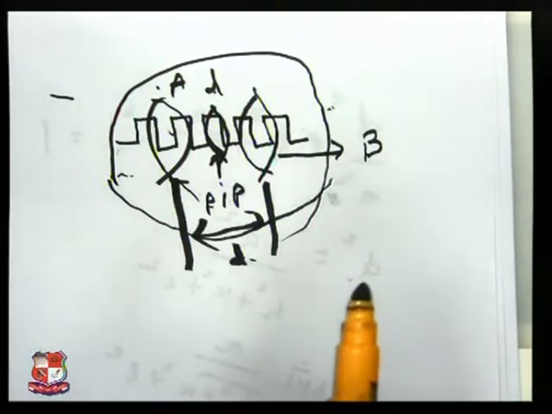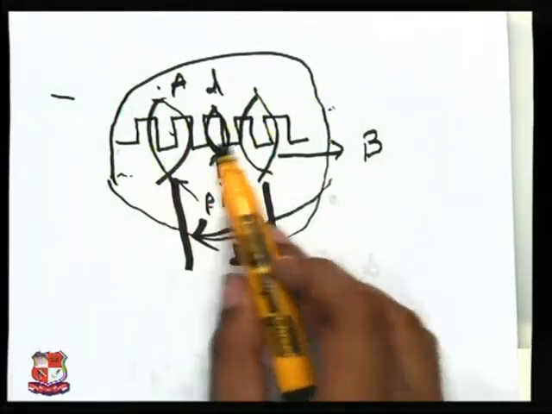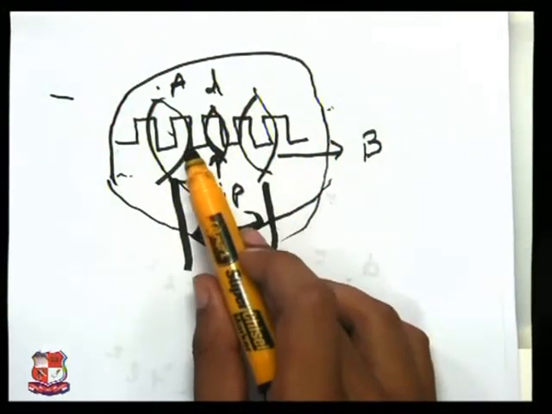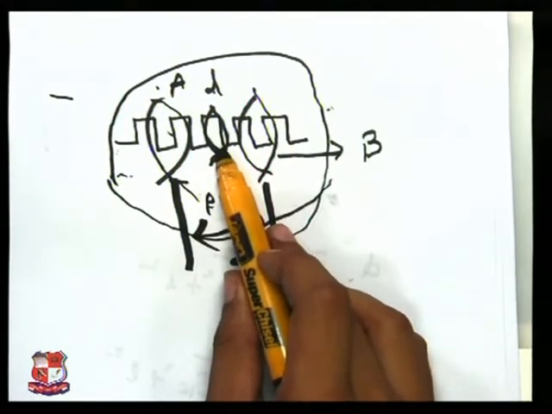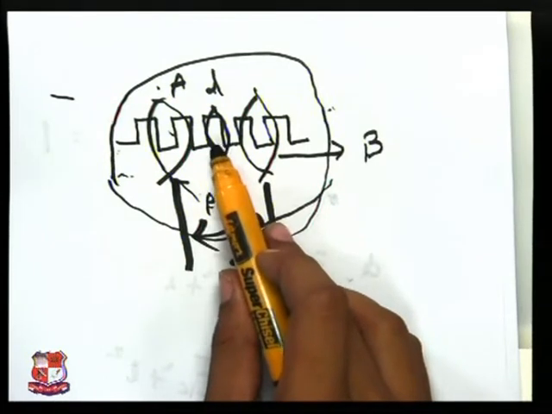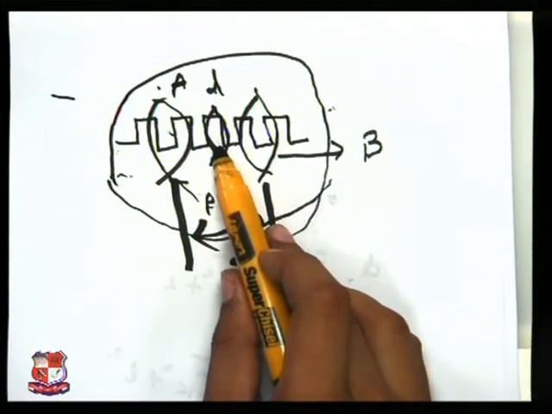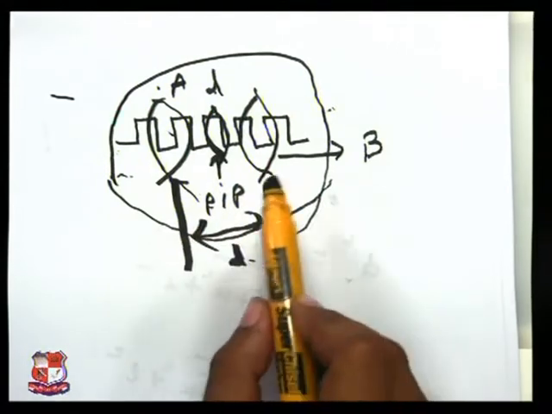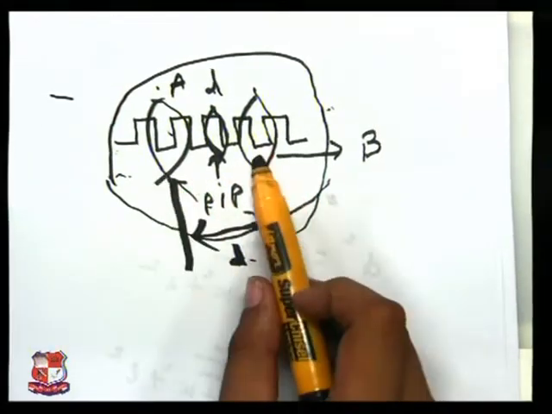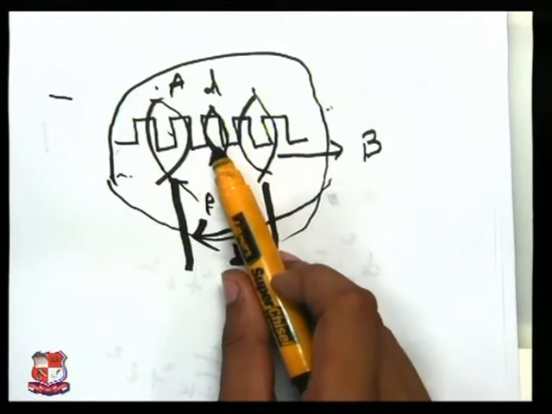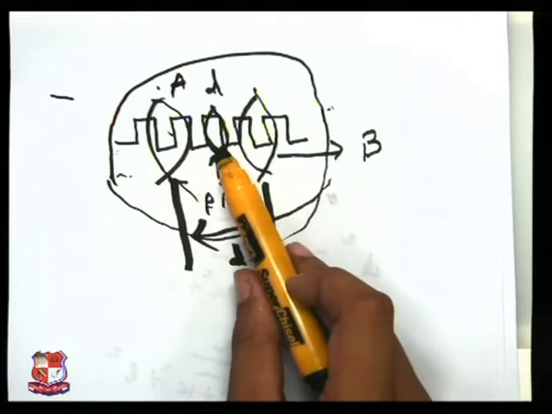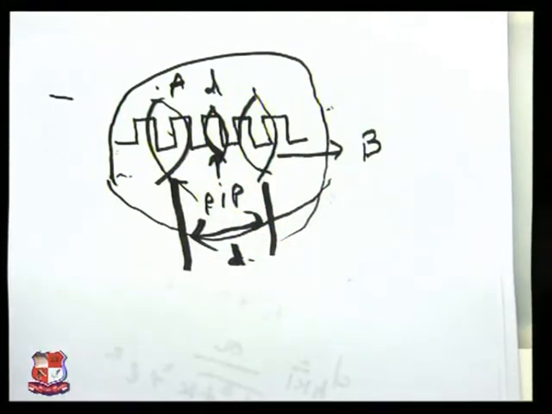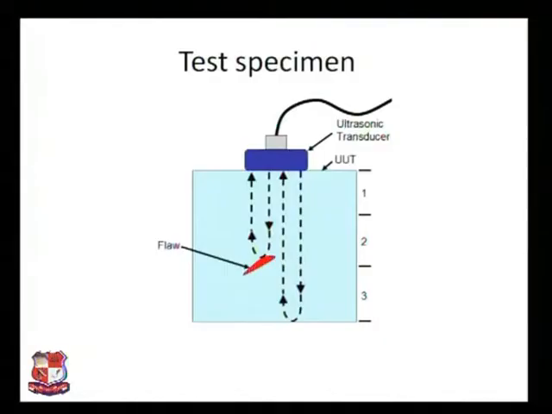A is the transmitted wave, B is the reflected wave, and in the same manner D represents the small defect present underneath the surface or inside the material. That means if we define the distance between A and B, we can also define the location as well as the exact size of the defect with the help of this. So this was the output of that.